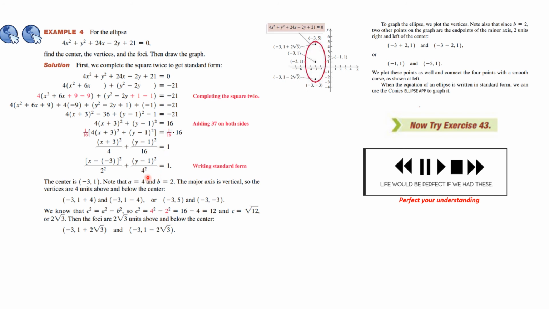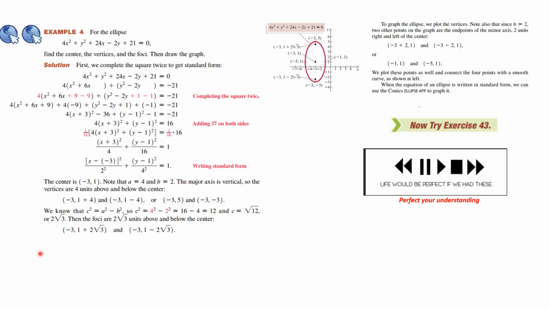Now that tells me that the center is going to be at (-3, 1), that a is 4, that the major axis is a vertical one, and that b is 2. And it also tells me, by solving c squared equals a squared minus b squared, that c is the square root of 12, which could be written as 2 times the square root of 3.